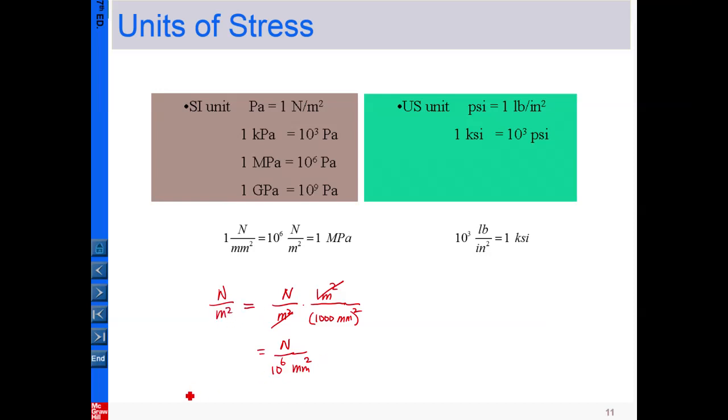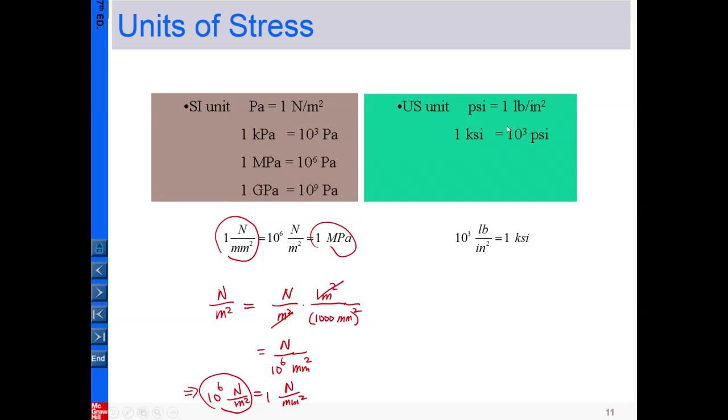So from here you can arrive at 10 to the 6 N over meter squared equal to N over millimeter squared. So 1 N per millimeter squared equals 1 MPa. Okay, so that is the unit conversion here.